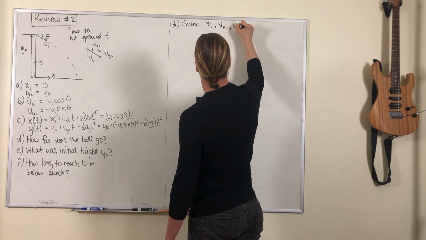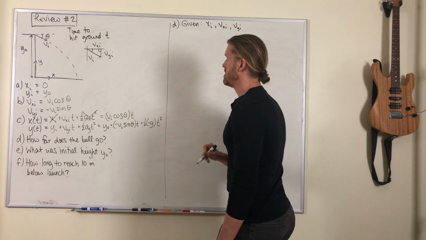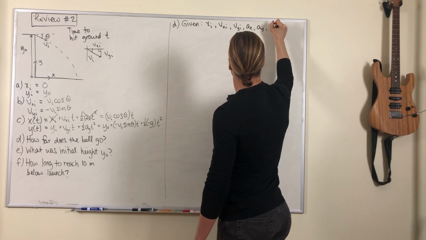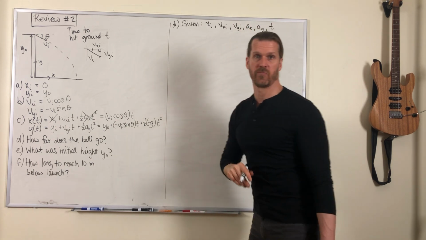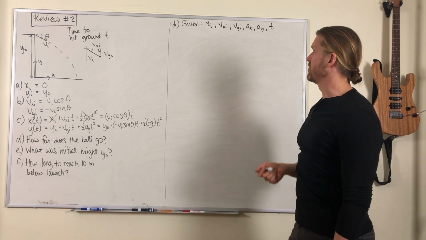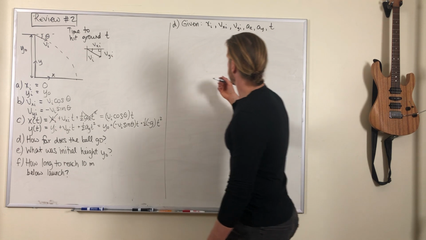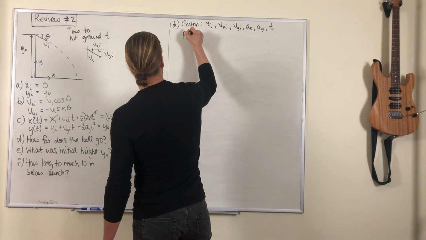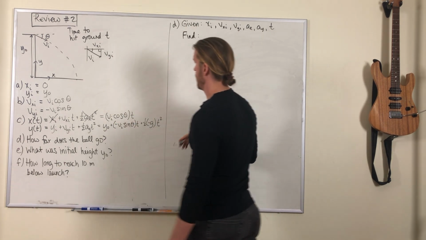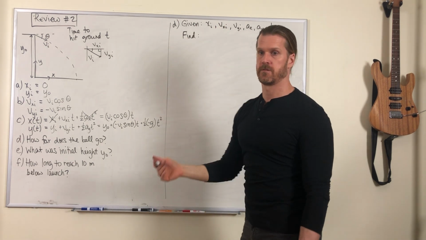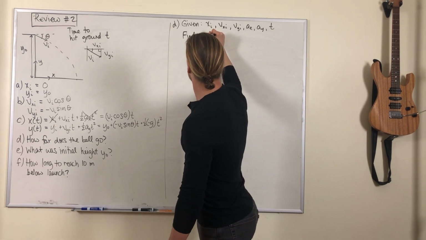We know Vy initial. We know Ax. We also know the time to hit the ground. In fact, that's going to make our lives way easier. We want to find x final, or x final when the ball hits the ground.